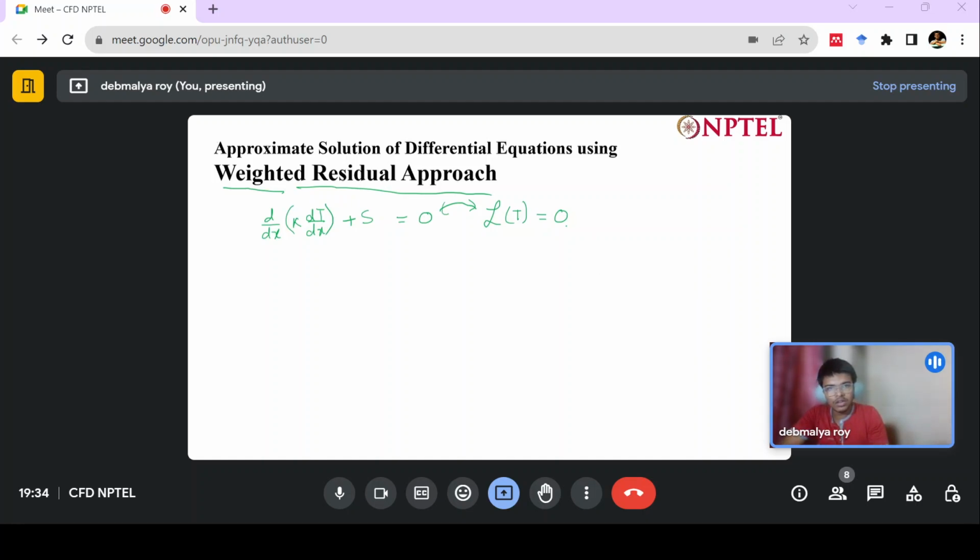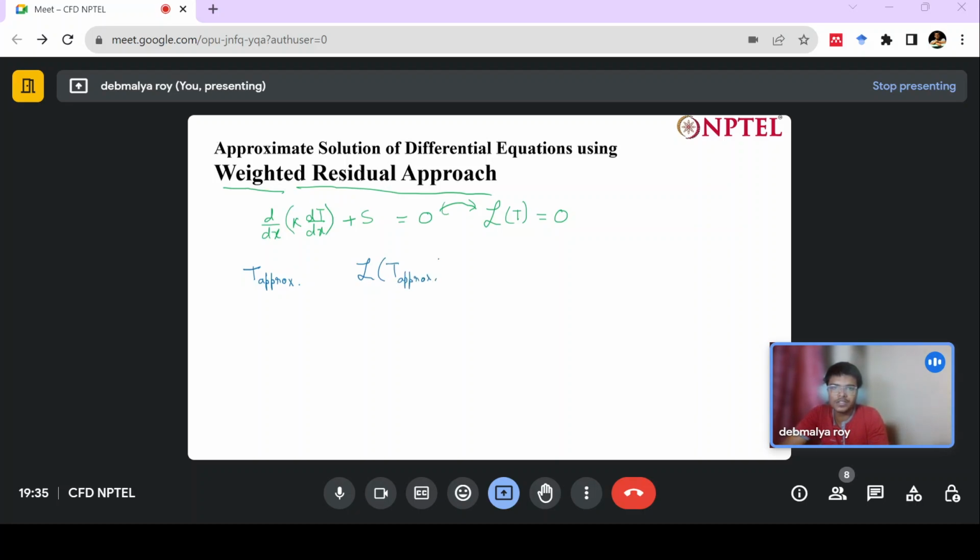So what we are doing here, we will be choosing an approximate solution. Let's say T approximate is an approximate solution that we have designed for this particular equation. So we can evaluate this particular expression.